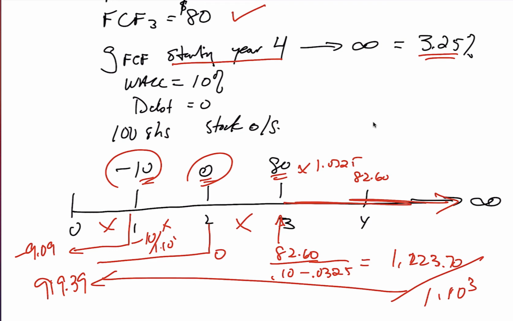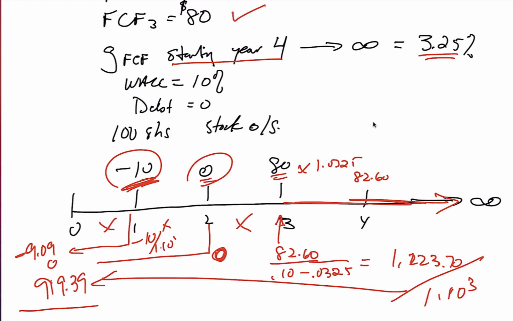Literally carry out the math. I'm not going to carry out the math for 0 because you know it's going to be 0. But the -10 cash flow comes out to a present value of -9.09. That's going to detract from the value of the firm because you're losing some money. So it makes sense that it detracts from the value of the company.